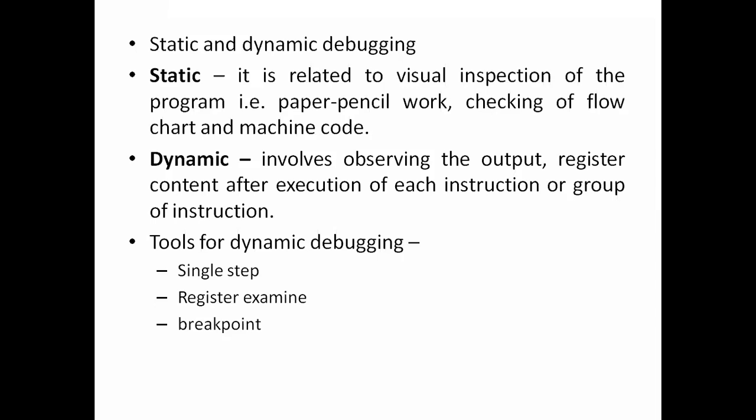And after executing an instruction, you can observe the result, so that at each step you are able to verify that at this particular step this should be the result, whether you are getting that desired result or not.